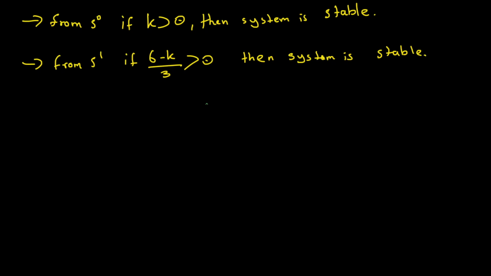Okay. So in order for that to happen, this k should be less than 6. If 6 minus k divided by 3 won't be a positive number, then the k value should be less than 6.